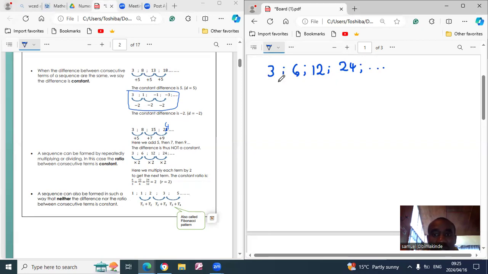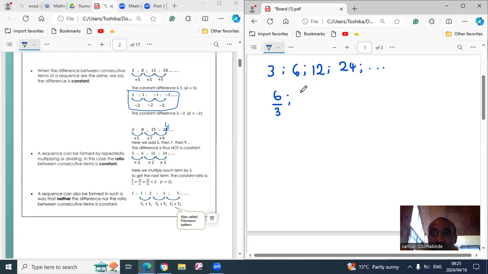So here you can see that there is a multiplicative effect. You are not adding. It's not an additive effect. It's a multiplicative effect. In that case, to know the common ratio here, or the constant difference here, all you need to do is to divide the higher term by the lower term for any 2 consecutive numbers.